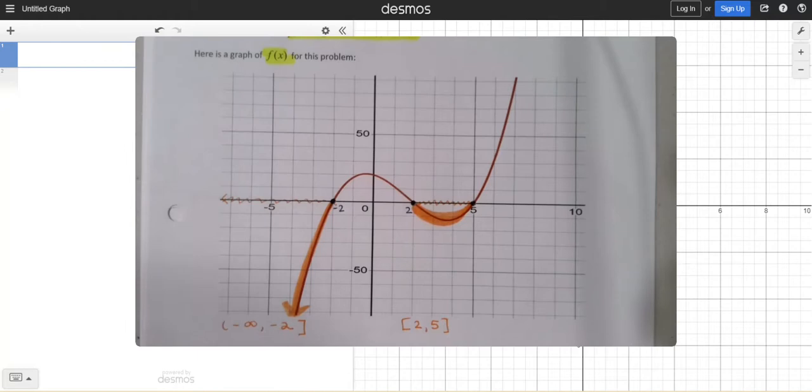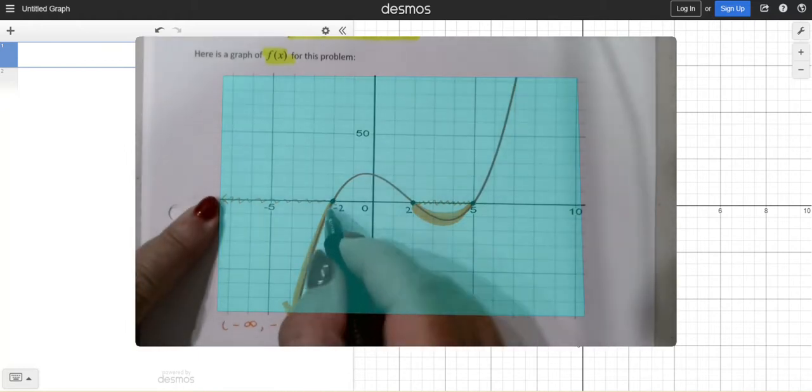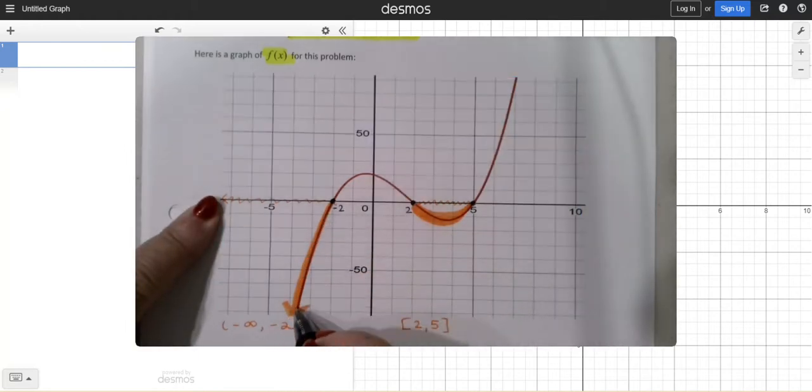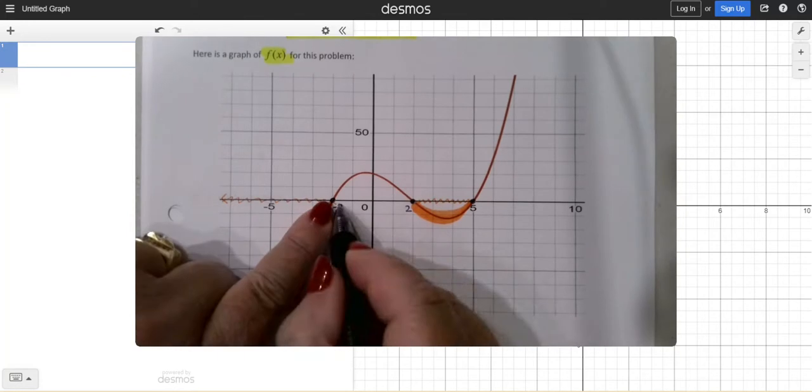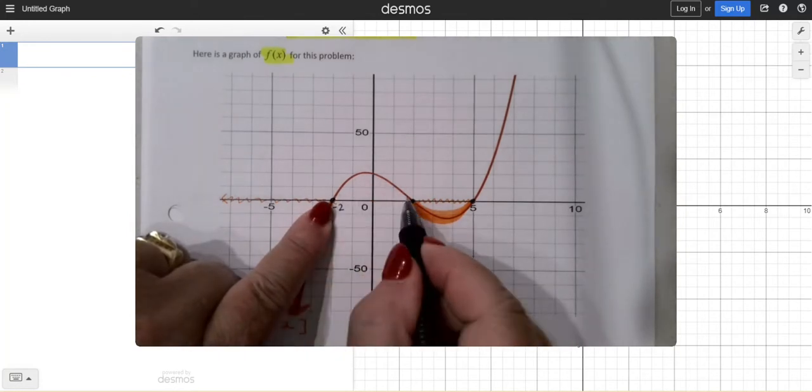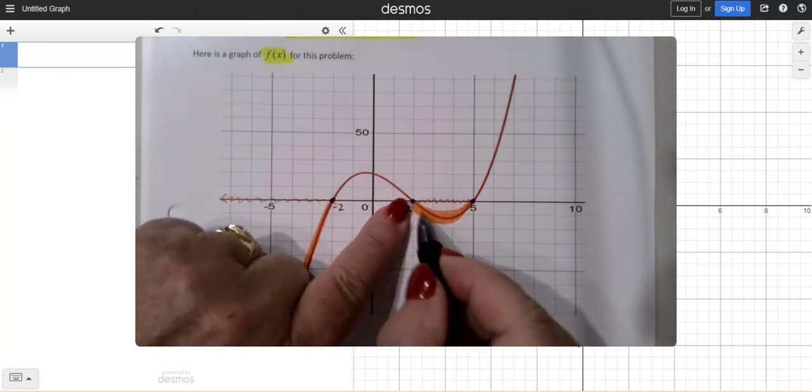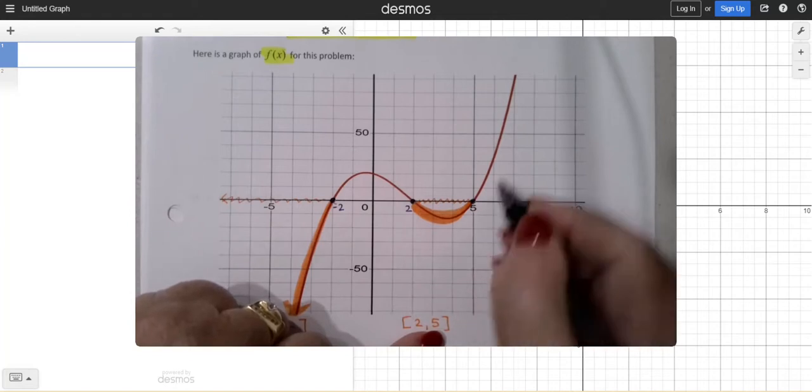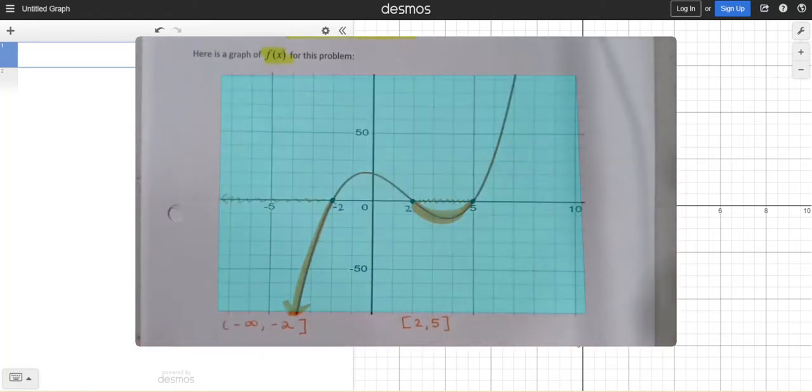Notice that in each section, either everything is below or less than 0, or else in this section everything's above or greater than 0. This section is all below. This section is all above. So if I don't have a graph to tell me what's below 0 and what's above 0, what I'm going to do is I'm just going to pick a test point within each interval.